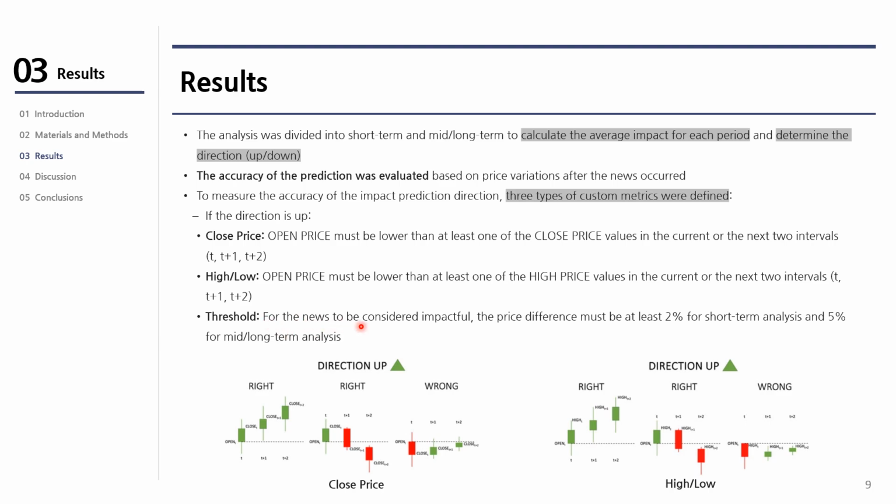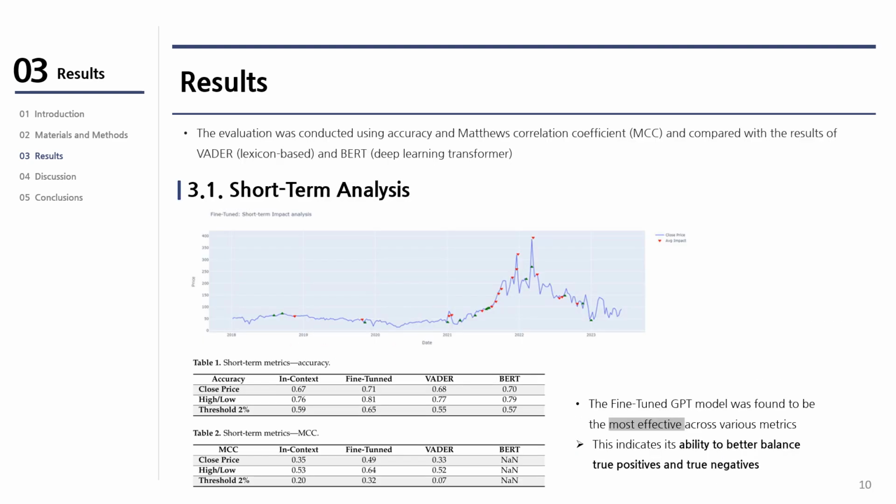Furthermore, for the news to be considered impactful, the price difference must be at least 2% for short-term analysis and 5% for mid-long-term analysis. The evaluation was conducted using accuracy and MCC and compared with the results of VADER and BART.